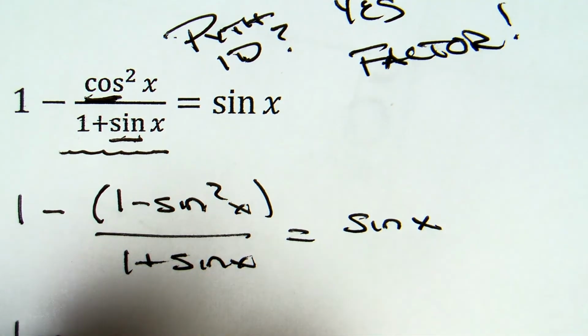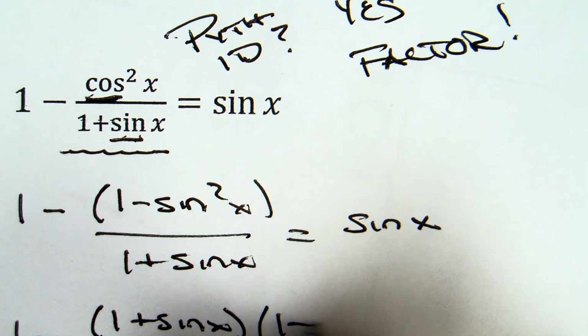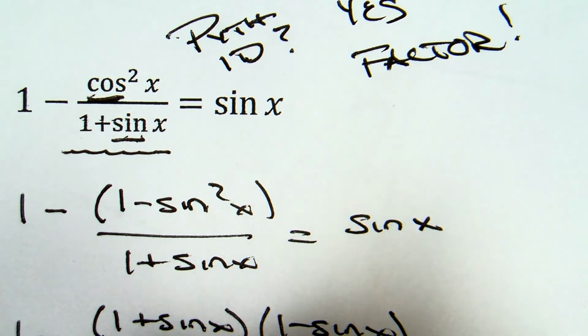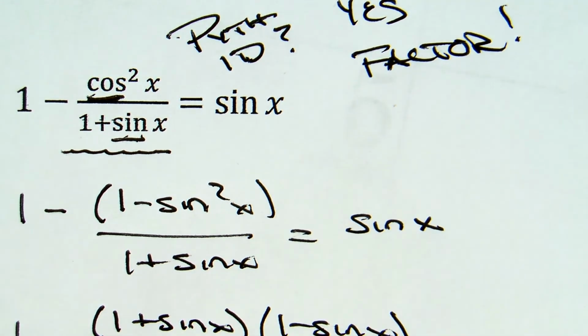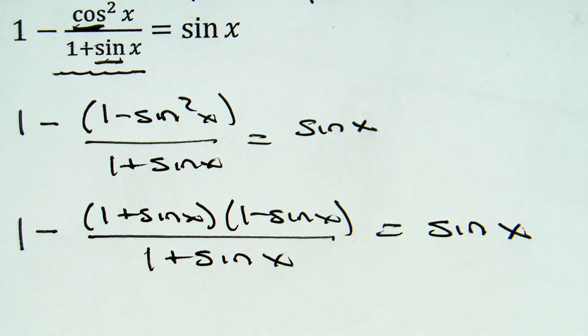Okay, 1 minus sine squared x factors as 1 plus sine x times 1 minus sine x, over 1 plus sine x equals sine x. Anybody have any issues with what I've done so far? All good? Because there is a direct Pythagorean relationship between the numerator and denominator, I factor.